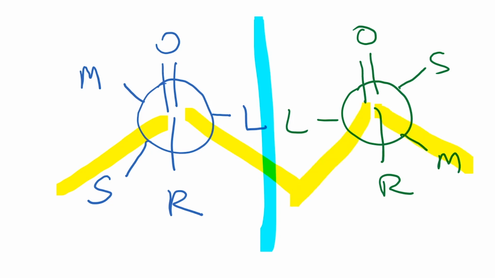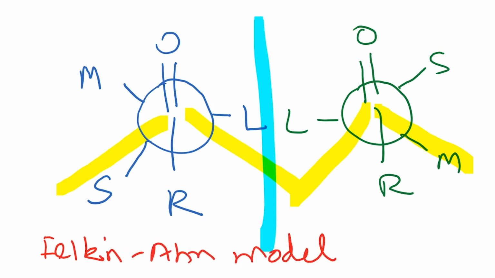Okay, so as a general model, this is the one that is used to understand nucleophilic addition reactions on carbonyl compounds. So this model is called the Felkin-Anh model. Okay, so this is the most reasonable and well studied model which helps us understand additions to carbonyl compounds. And also it has been figured out using a lot of experimental data.